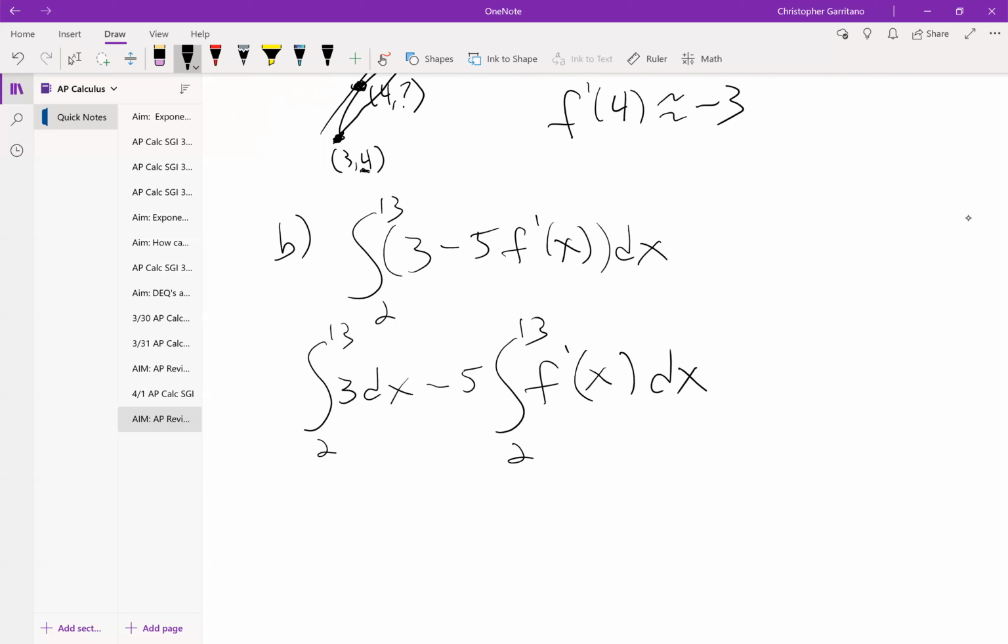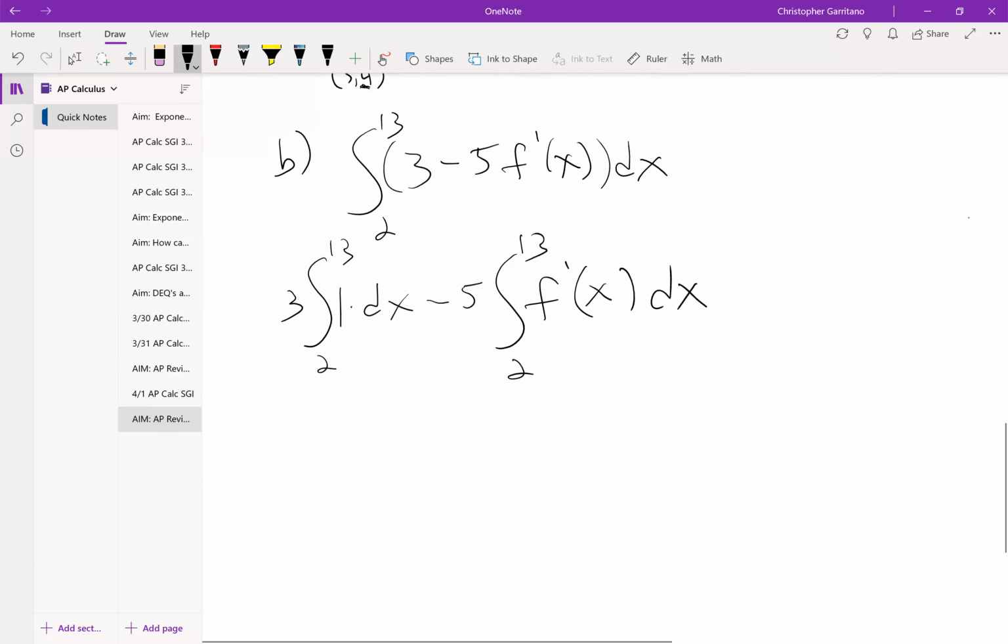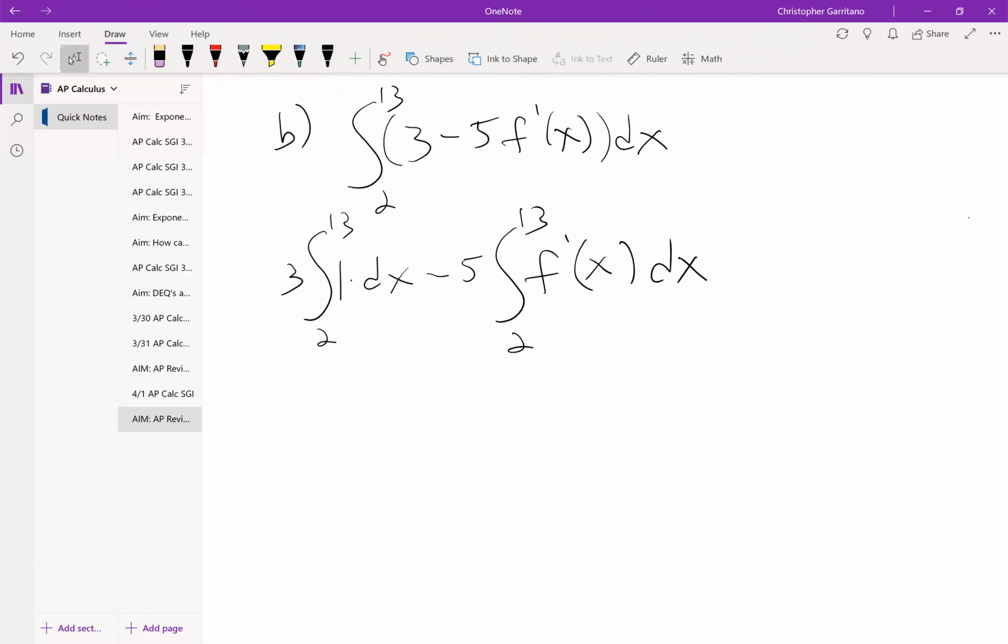And really, if I wanted to, I can pull this 3 constant out front here and just think of this as 1 dx. All right, and now the fundamental theorem of calculus tells me to find the antiderivative. Well, the antiderivative of 1 dx is just x, and I want to evaluate that from 2 to 13.